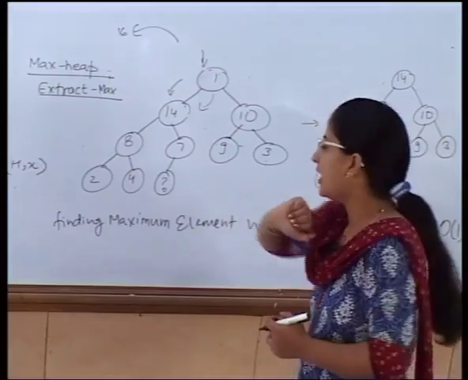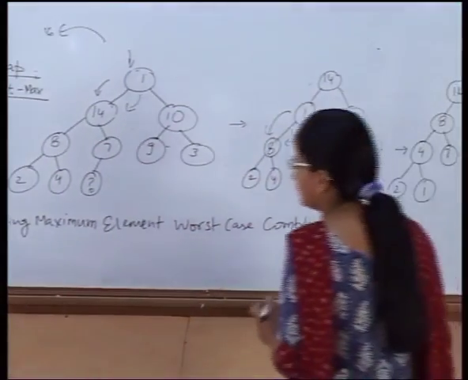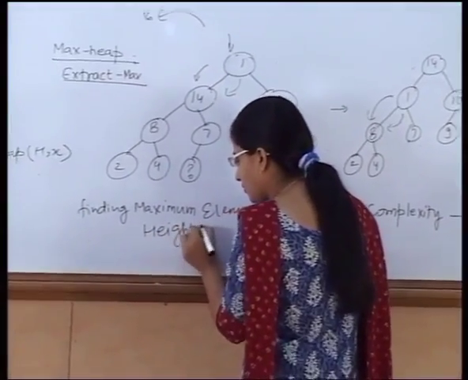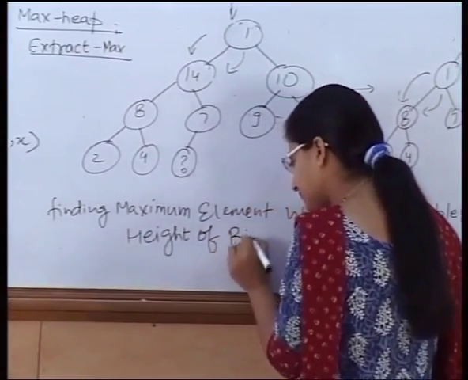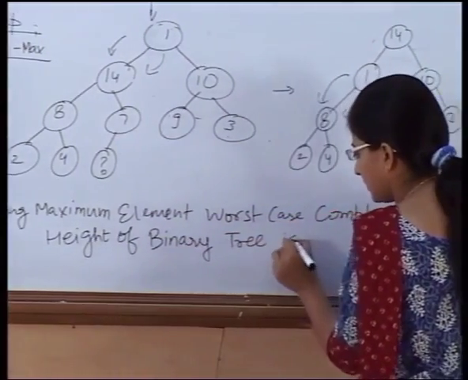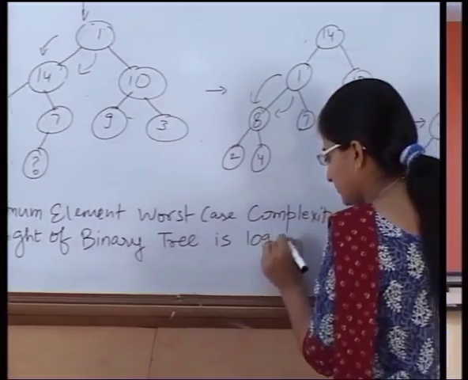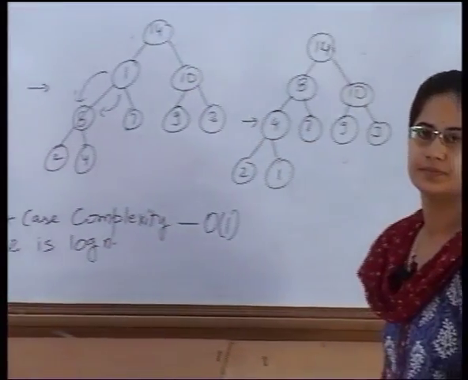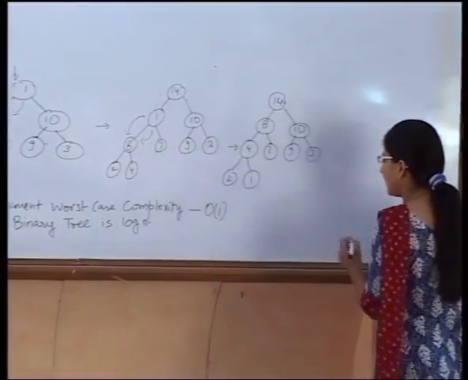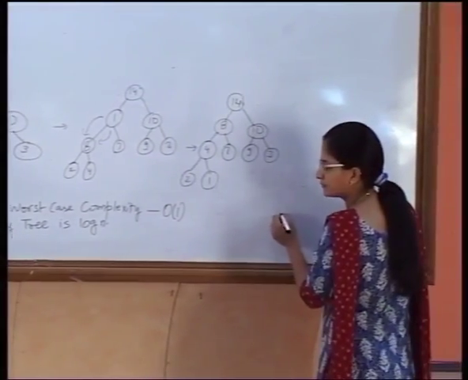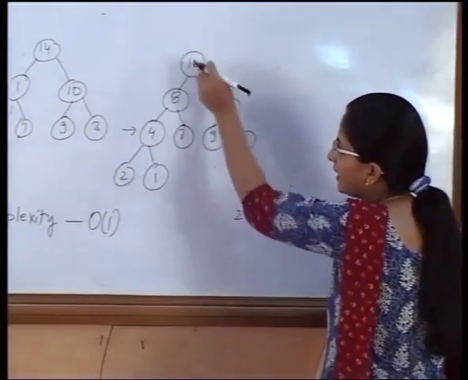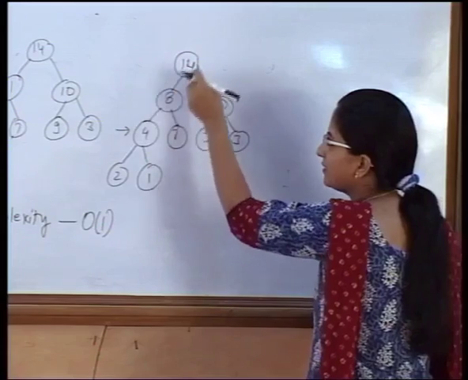And we all know the height of a binary tree is log n, because the number of nodes present in the tree is arranged in a binary manner.